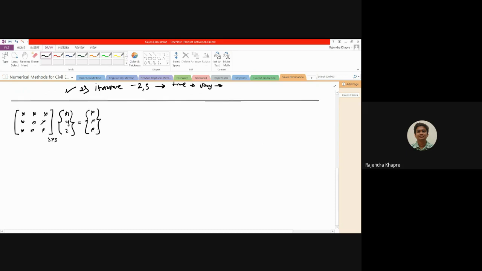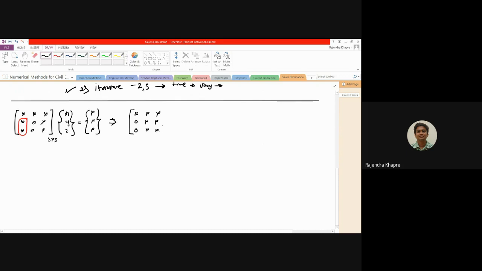Now in this particular method, what is done is like this. In the first step, we are going to convert these two elements to 0. I'll tell you how to do that. As a result, after the first step, these two elements become 0, and these values will change.